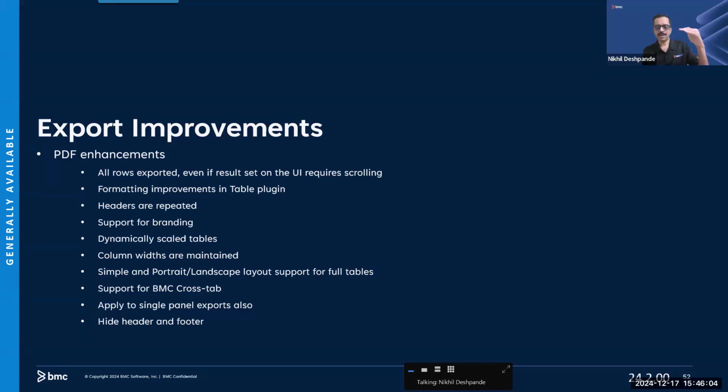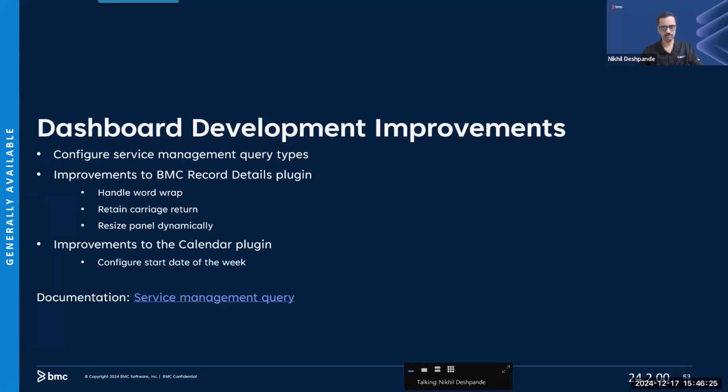If a panel has a table and if it requires you to scroll on screen, now when you export to PDF, the entire content is exported to PDF. Maintain column widths and so on. So there are several small and big improvements to PDF exports.